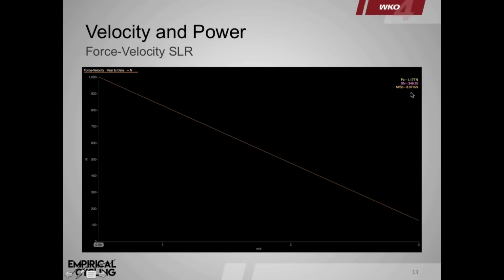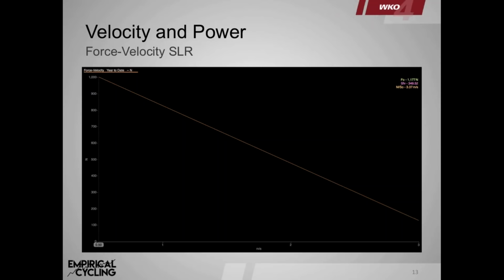And these are all meant to be descriptive and not prescriptive. So in no way does an F naught of 1177 newtons mean that that is the maximal force this athlete can produce. Odds are it is not. The athlete can likely produce higher.